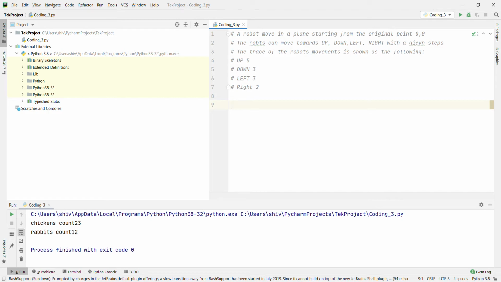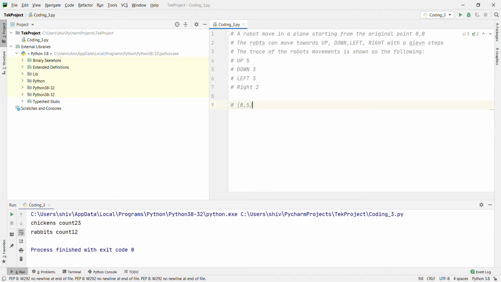Now let's start with 0. This is basically the x and y coordinate. This is two dimensional. When the robot moves up 5, the position is x will be 0 and y will be 5. This is the y axis.